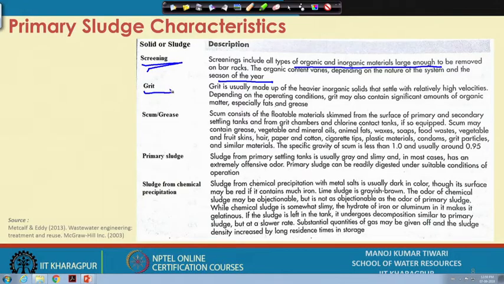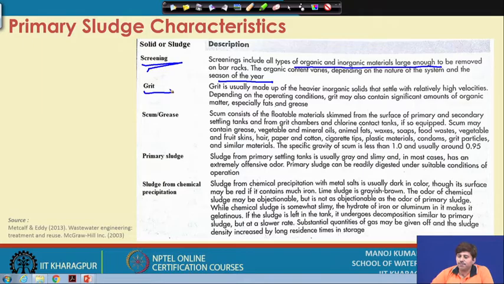But if you have an open drain system, there are lots of things, wrappers, polythene, various tree leaves, all those things go in there, and that can change the composition and quantity of these screens.